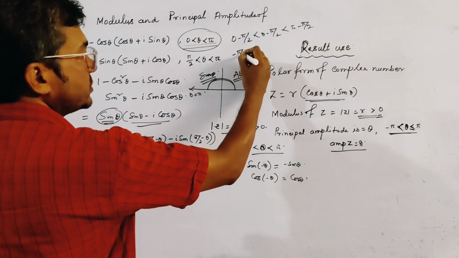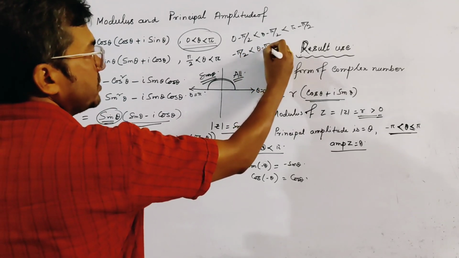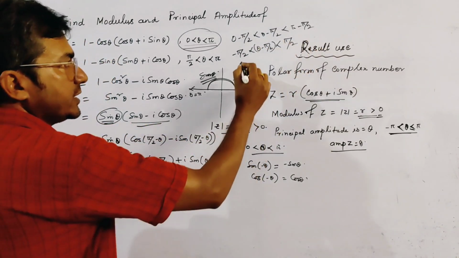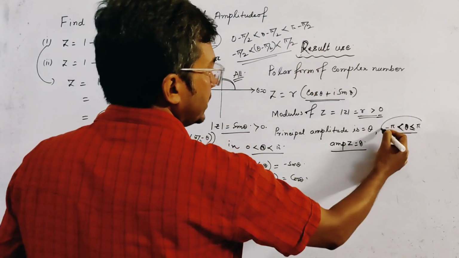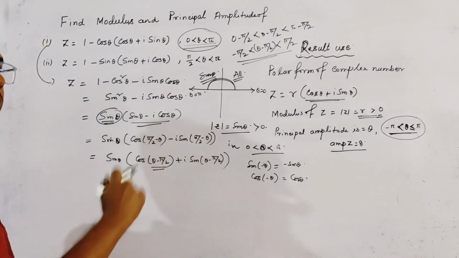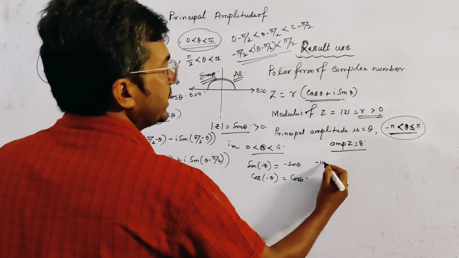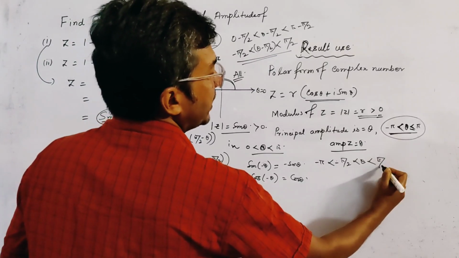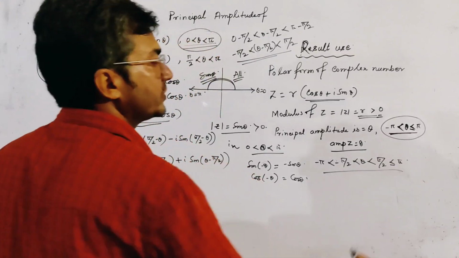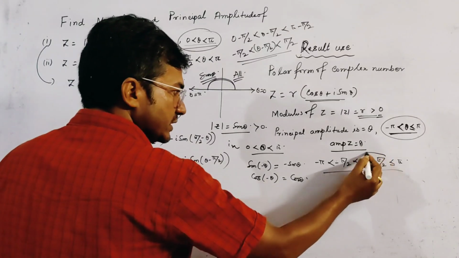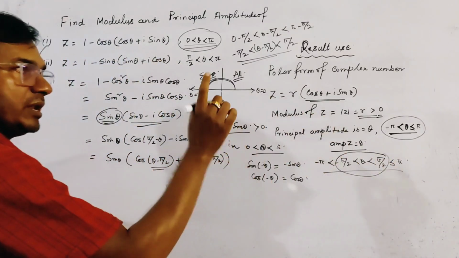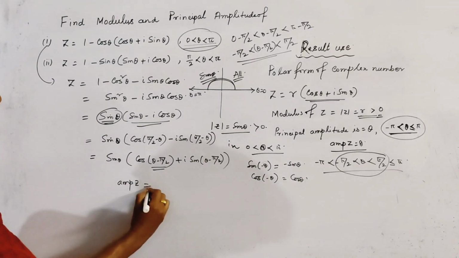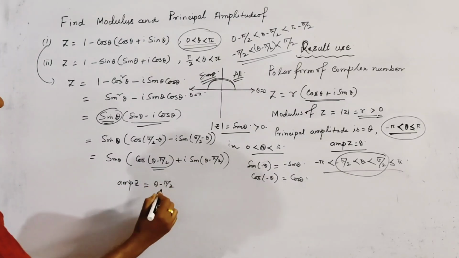So we get minus pi by 2 less than theta minus pi by 2 less than pi by 2, and clearly this is in the principal value range, because minus pi is less than minus pi by 2, and pi by 2 is less than or equal to pi. Okay, so this is the value of the principal amplitude, and we say that the amplitude of z is given by theta minus pi by 2.